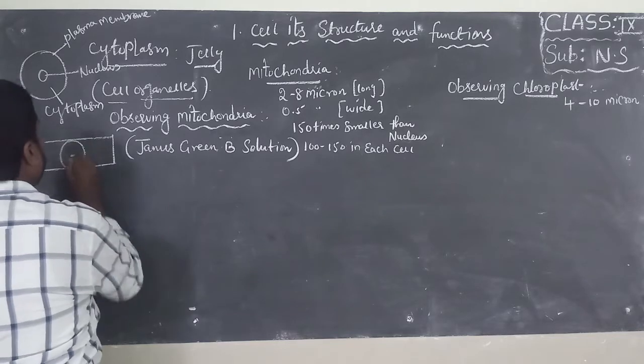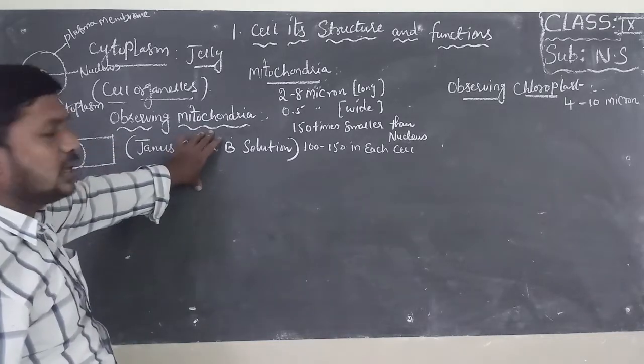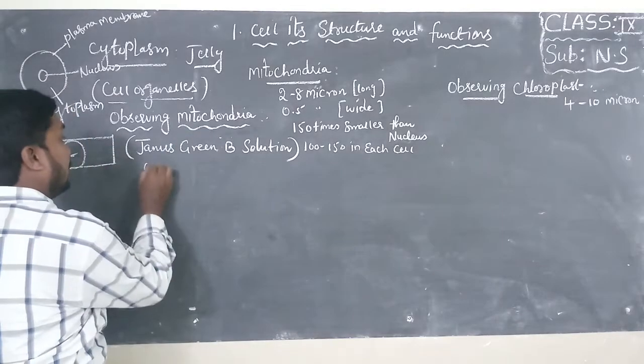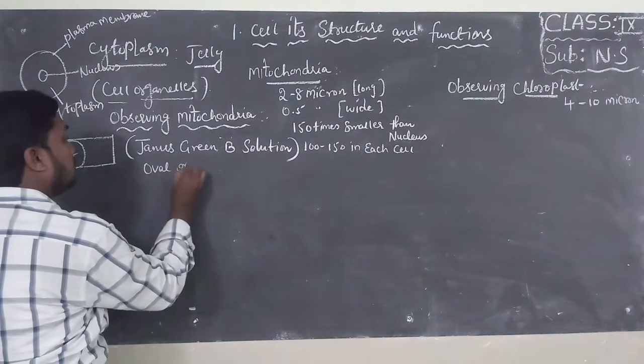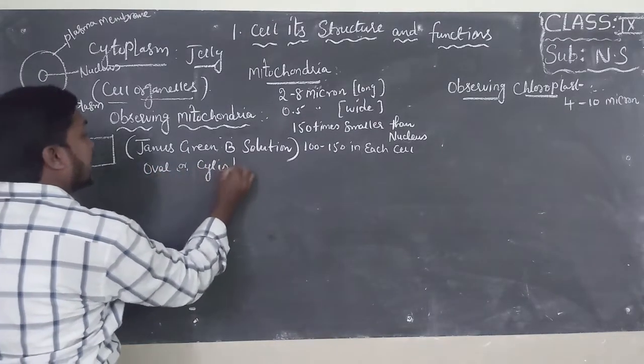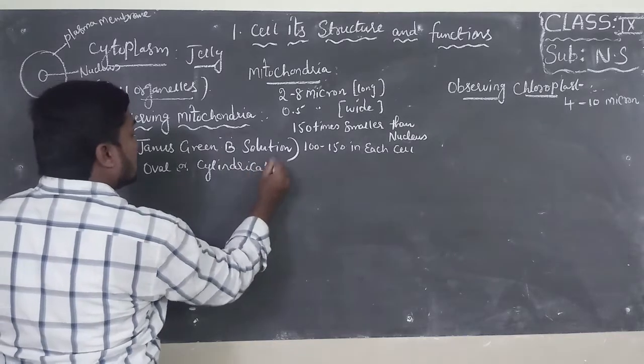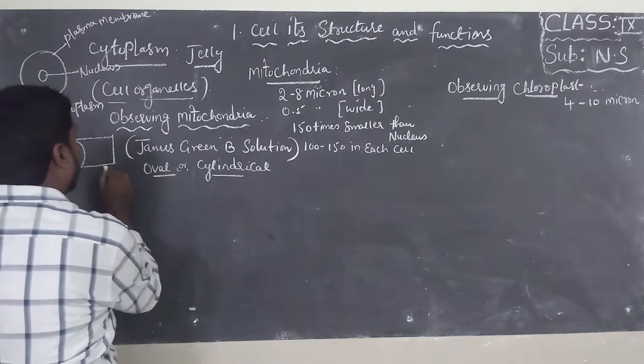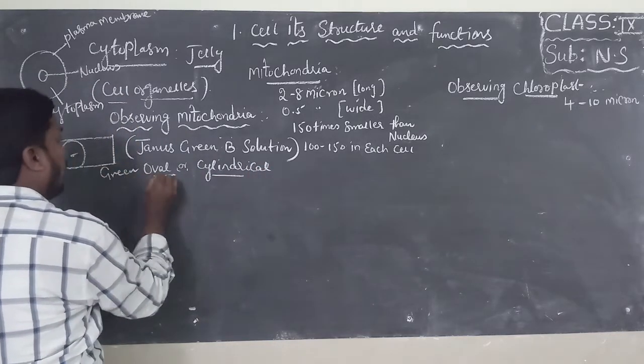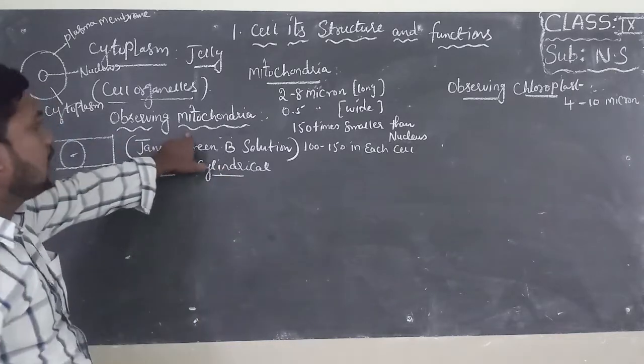If you observe under the microscope, we can find an oval or cylindrical shaped structure, very important. Which color? Green color. This oval or cylindrical shaped structure is known as mitochondria.